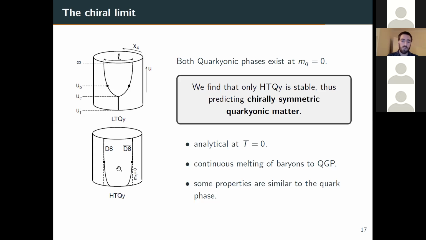And some properties of these phases are also similar to the quark phase. For example, the fact that the branes are straight, and other much more precise properties that are in the paper, in the spirit of whether these baryon or quark phases are really easy to distinguish from each other.